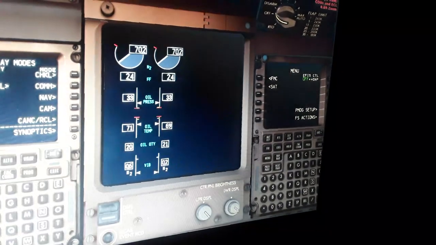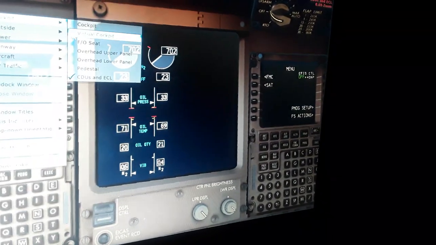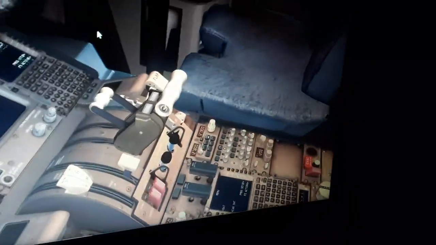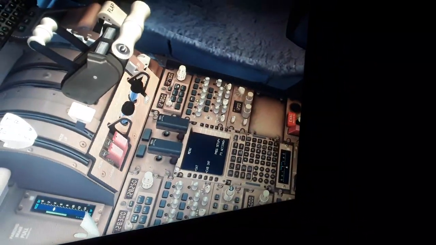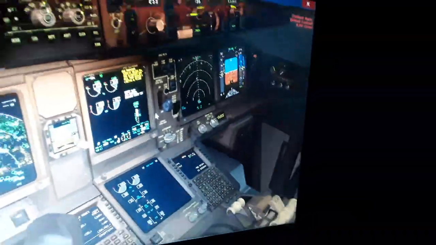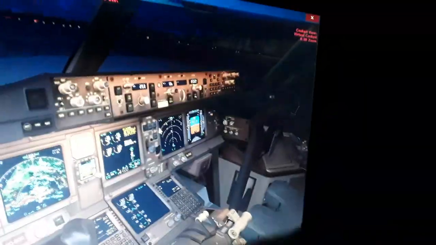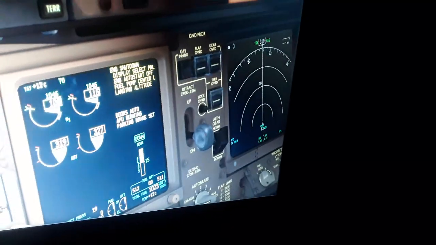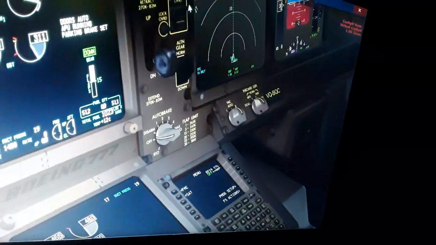We go back to the engine, virtual cockpit. So we turn off both engines, left and right, and we go off for an auto start now. So you can see the overhead is reset, and we have about a couple of minutes left.